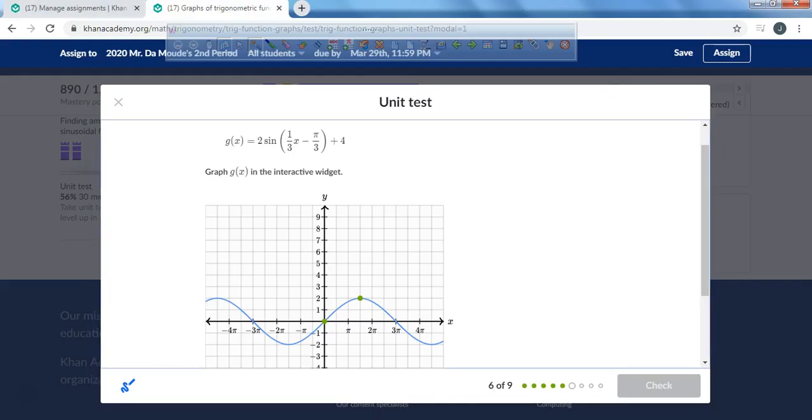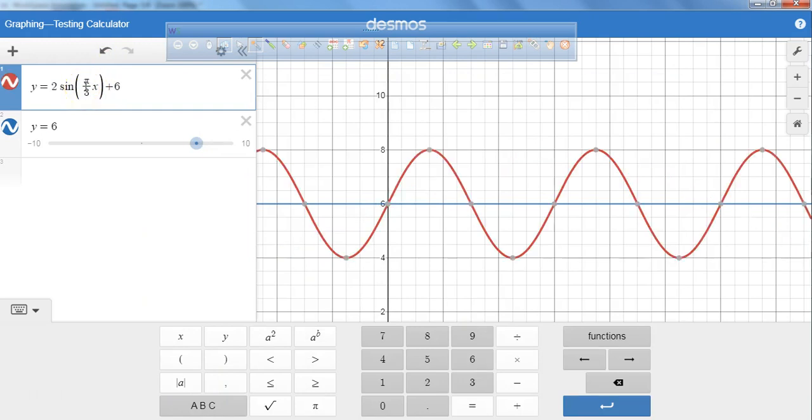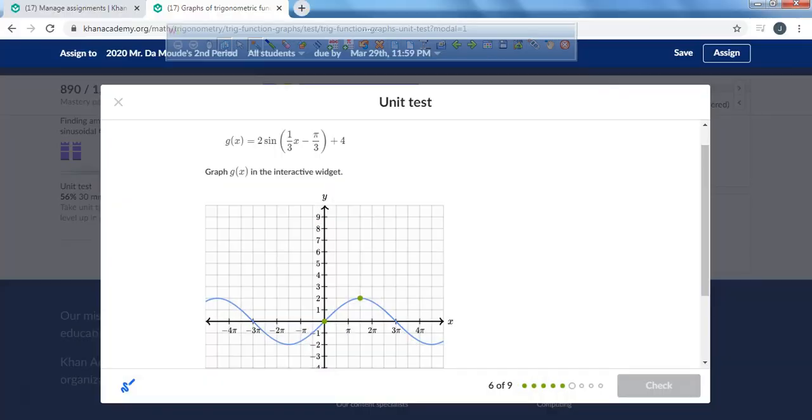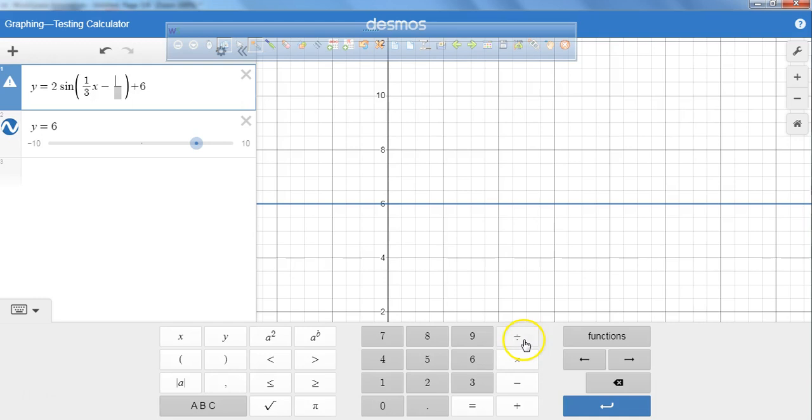Go back to the problem. 1/3 of x. Minus pi over 3. Got a little phase shift here. Minus, put a little division bar, pi over 3.